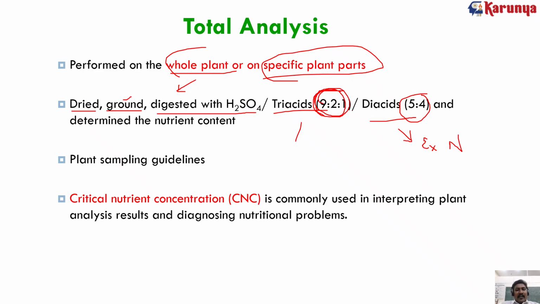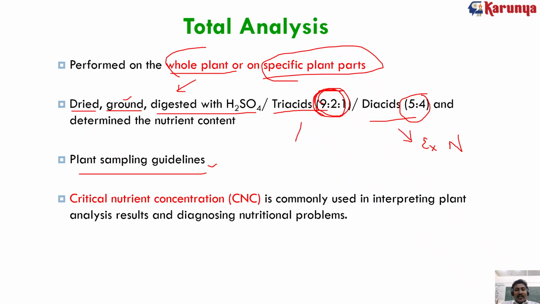Then plant sampling guidelines also you have to follow. At what time, what part of the plant, and which stage of the plant you have to collect the plant samples, everything you have to understand. For that, separate guidelines are available.